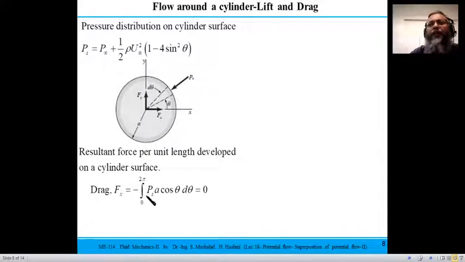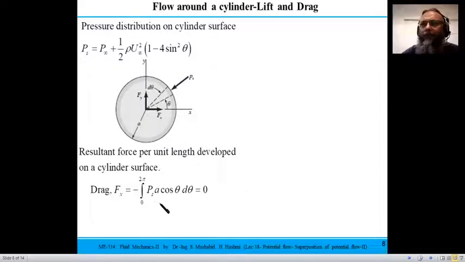If you just substitute here, I advise you to do it by yourself. Just substitute the expression of Ps, which is a function of theta. And obviously P infinity is a constant, and if you integrate it from the limit 0 to 2π, you will end up with 0.